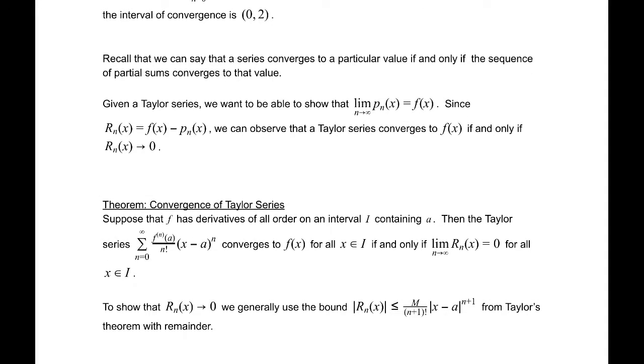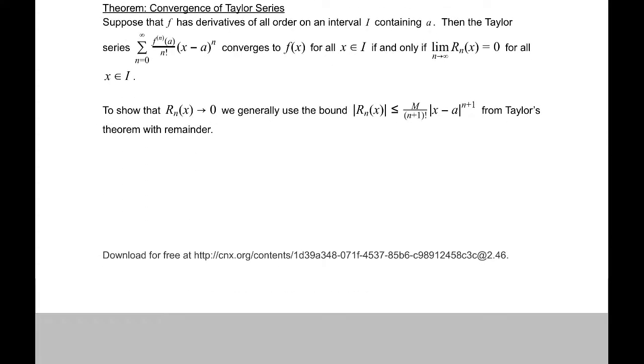To show it goes to 0, we generally use this bound that we've come up with. And if that goes to 0, then Rn of x must go to 0, based on the squeeze theorem. So let's go ahead and look at a couple of these.